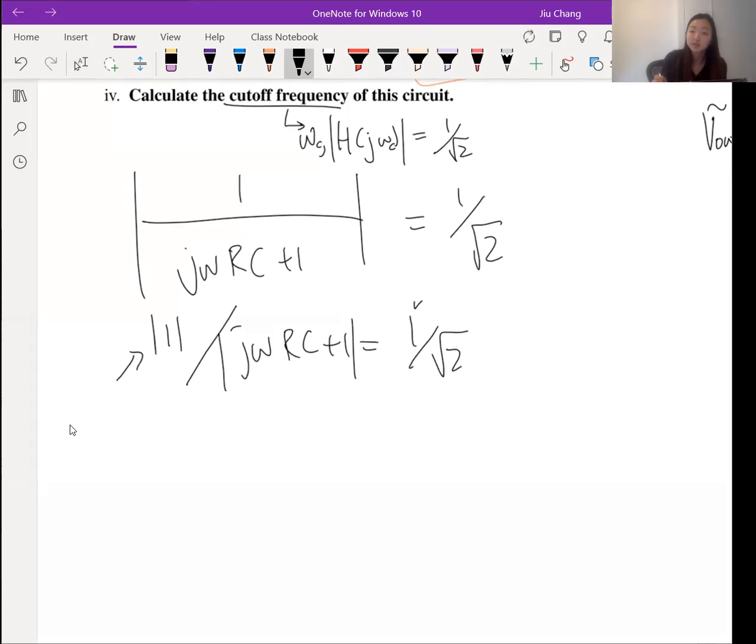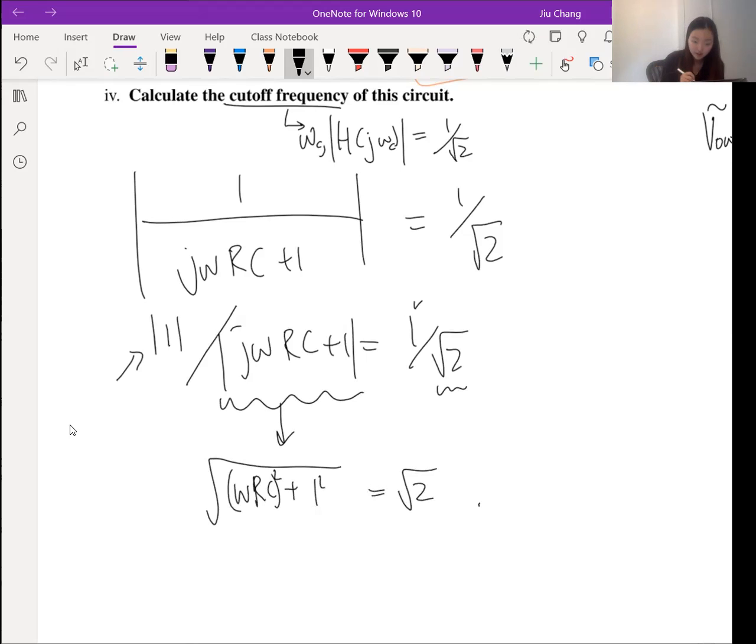So we just want the denominator to be equal to root 2. So we want omega RC, the whole thing squared, to equal 1.